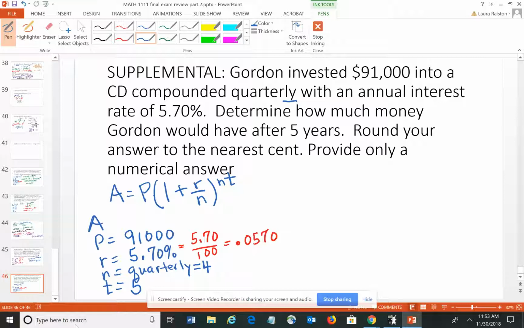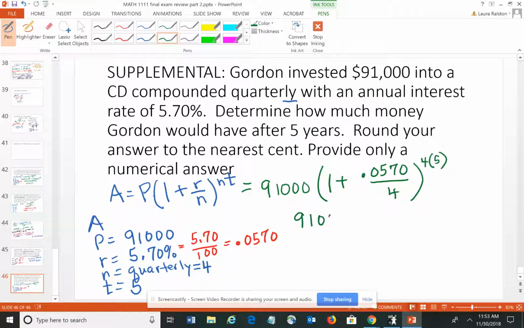So again, it becomes a straight, flat out substitution problem. We would have 91,000 times 1 plus 0.0570 divided by 4 raised to the 4 times 5 power.